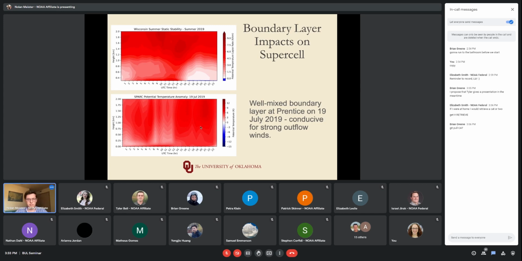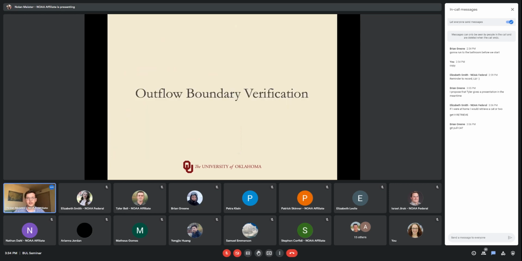This is just a potential temperature anomaly, but we can kind of infer static stability from the vertical gradient of potential temperature anomaly, which there isn't much of, which would lead us to believe that we were in a pretty standard well-mixed boundary layer at Prentice that day. A well-mixed boundary layer is pretty well known to be conducive for strong outflow winds. So there may have been some boundary layer feedbacks that helped play into the blowdown that occurred.